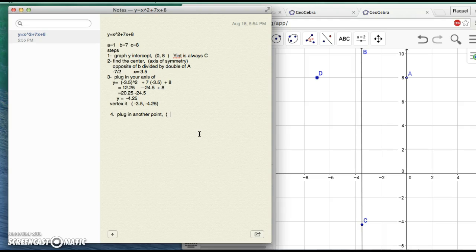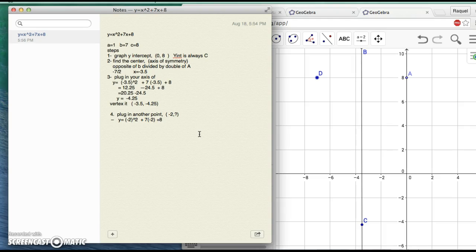So I'm going to put negative 2, comma, and a question mark. I don't know what the y is going to be, right? So plug that in: y equals, and then negatives, put them in parentheses so you don't forget, and then plus 7 times -2, and then plus 8.